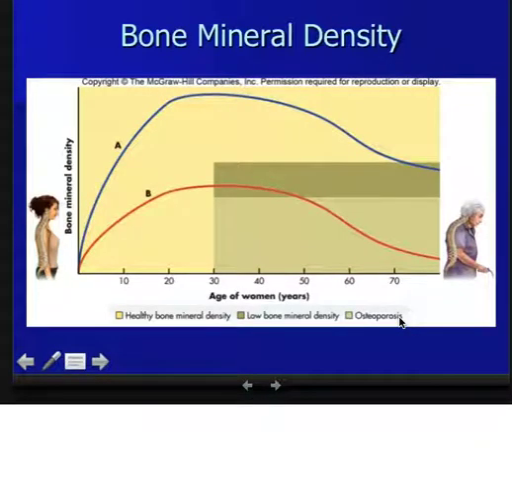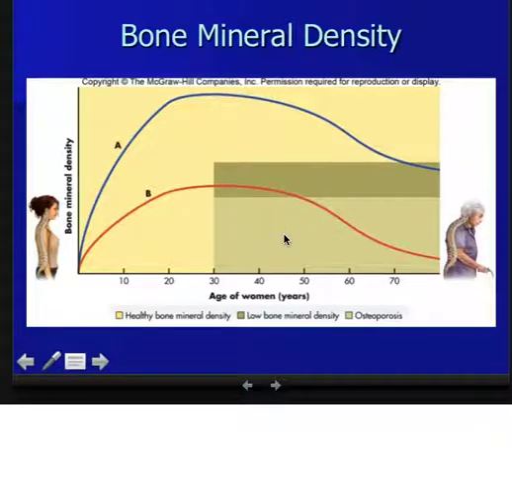And this is just a look at mineral bone density as we age, and you can see that it drops. What you're picking up here is the difference between an active individual and an inactive individual. And what you're looking at with these shaded areas are areas where bone density is being lost, and then areas where you're actually osteoporotic.